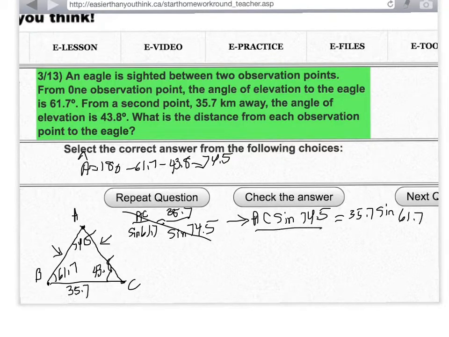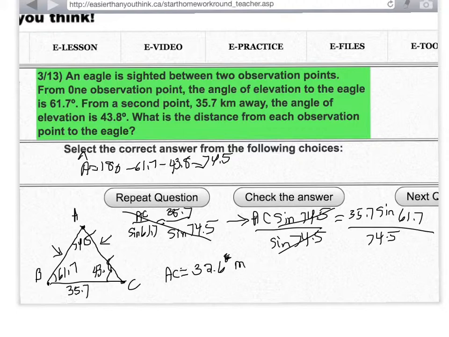Now I divide both sides by sine 74.5. So AC approximately becomes 32.6 kilometers. So this is side AC, 32.6.